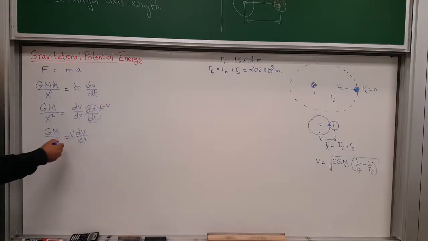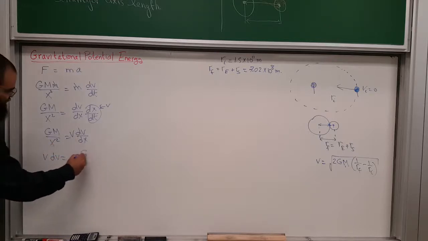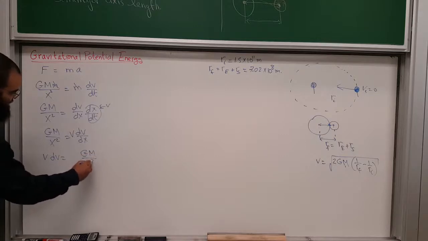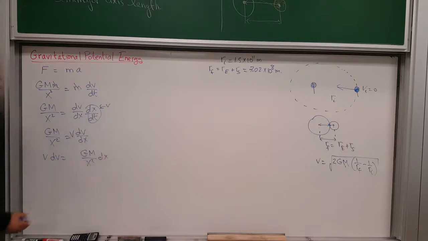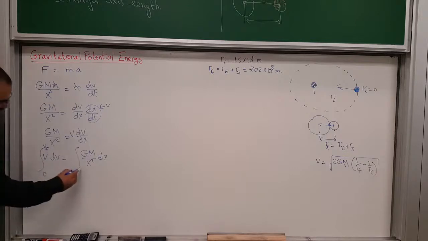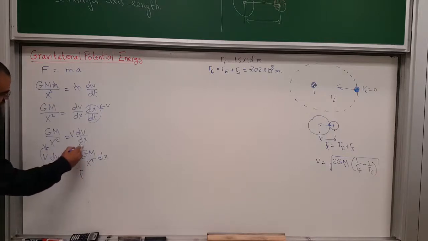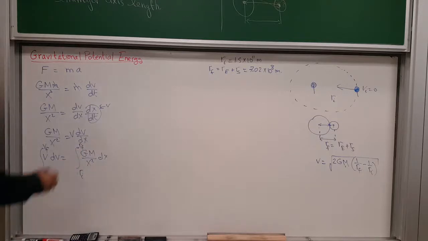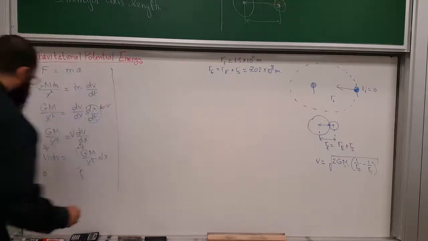I'm going to separate this, multiply both sides by dx, so I get v dv equals G capital M over x squared dx. And we're going to integrate both sides. v goes from 0 to some final velocity, that's what I'm trying to find, and x goes from r initial to r final. Let's see what this integration gives us.